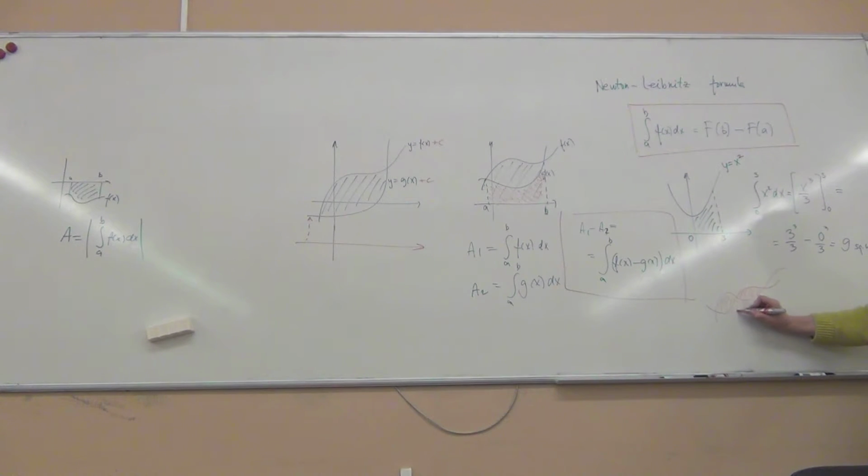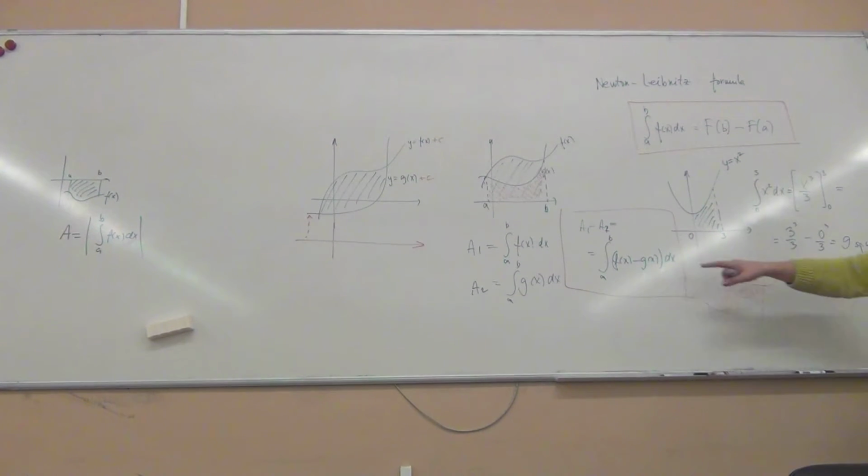Then you have to split the whole integral into two parts. Because here you will have f of x minus g of x, and here you will have g of x minus f of x, of course. You have to make sure this difference is always positive. Otherwise it will happen that some part of the area will be normal with a positive sign.